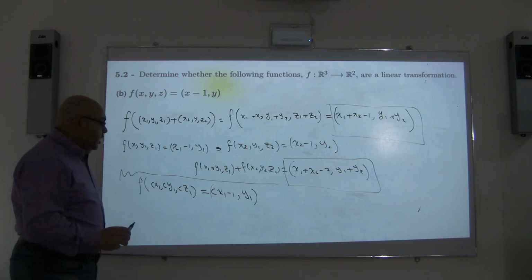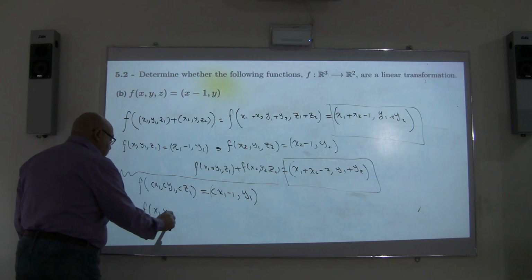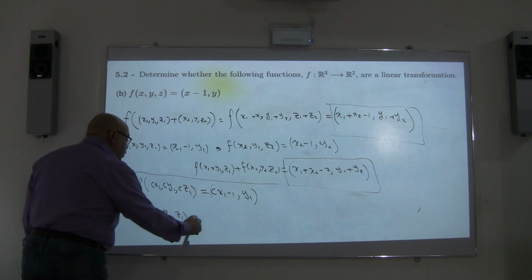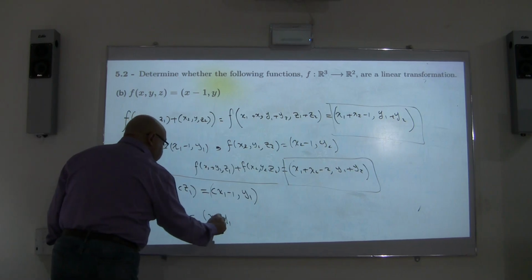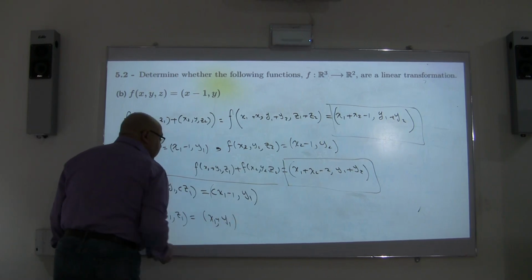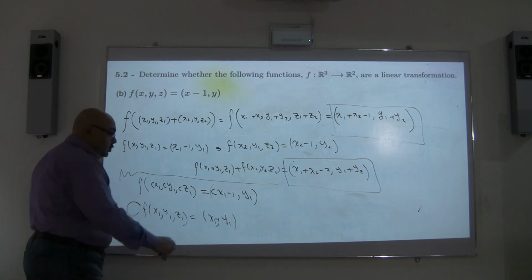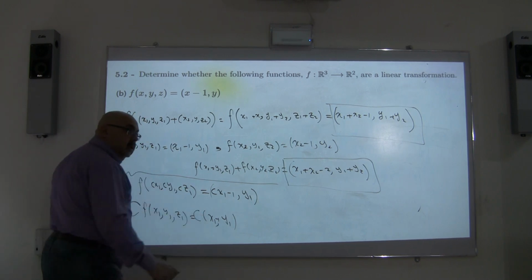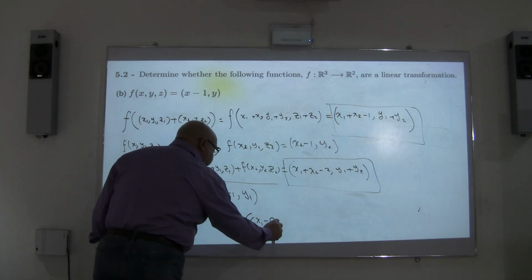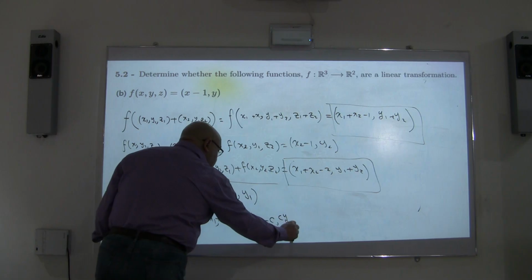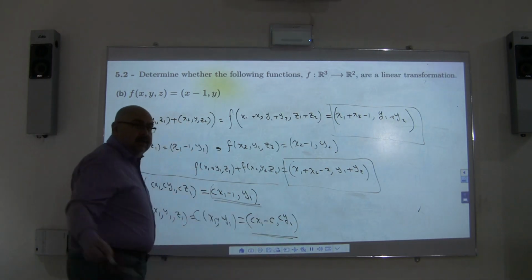The other side, get the transform first of x1, y1, z1, which is going to be the first component x1 minus 1, sorry, and the second component y1. Then multiply by a constant. Once you multiply by a constant, you will end up with c of x1 minus c and c of y1. Is this result equal to that result?